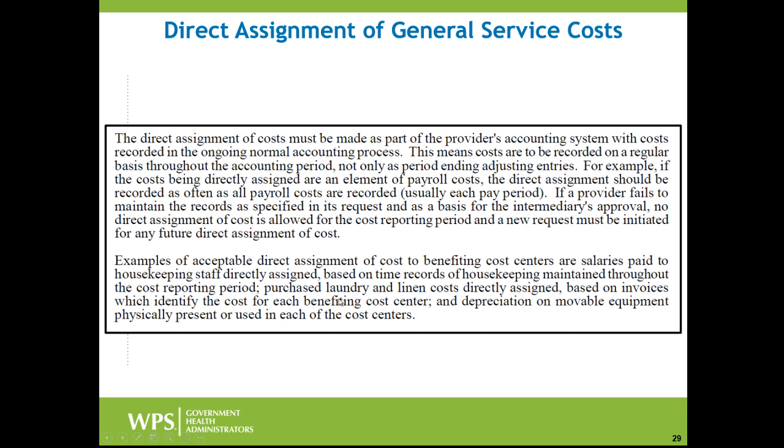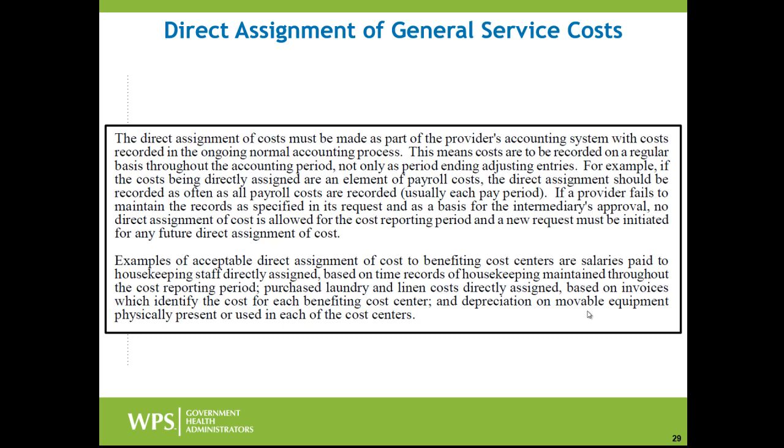There might be situations where certain movable equipment is only used in one department. So it calls into question, well, why would you need to report it along with the pool of other movable equipment and allocate it down based on square footage or dollar value?